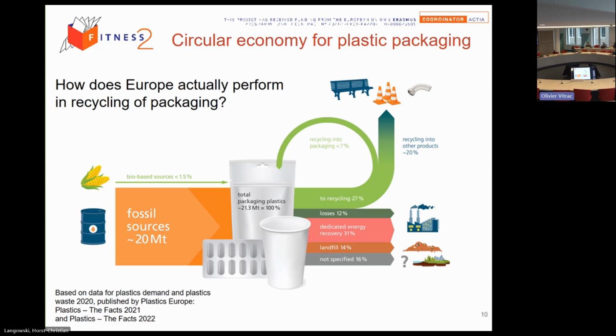So it still remains a big issue, and therefore this is the reason why the EU has done work in the PPWR to increase the amount of recycled material in packaging themselves. So it's reasonable, but the problems are still large.